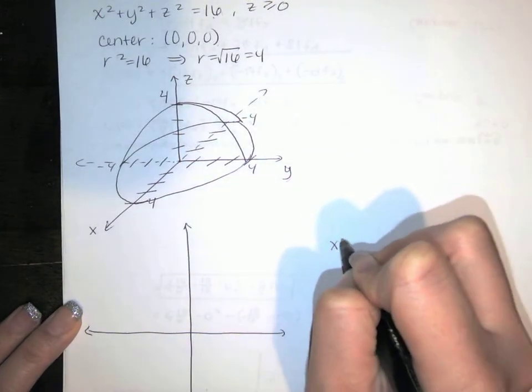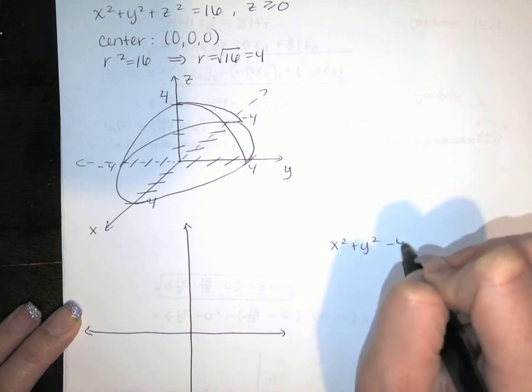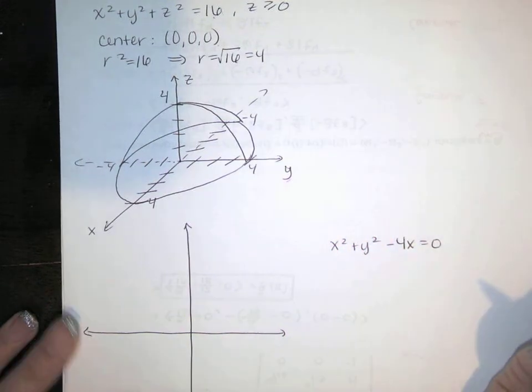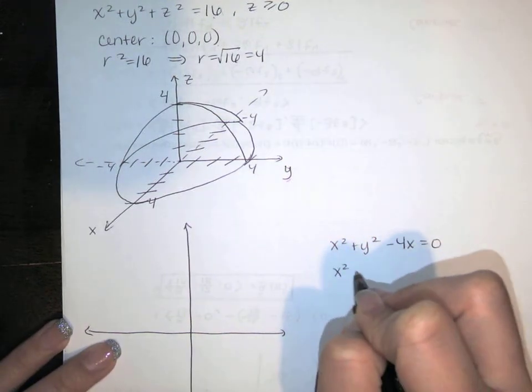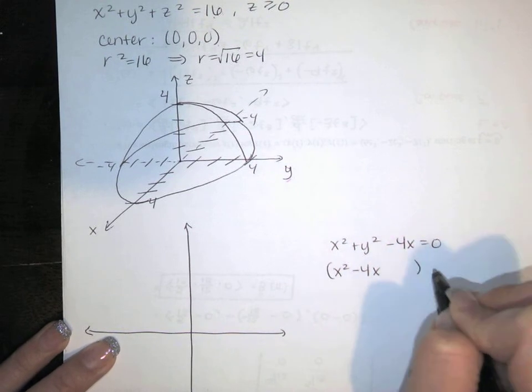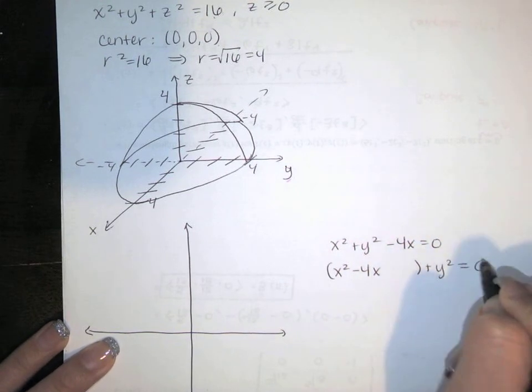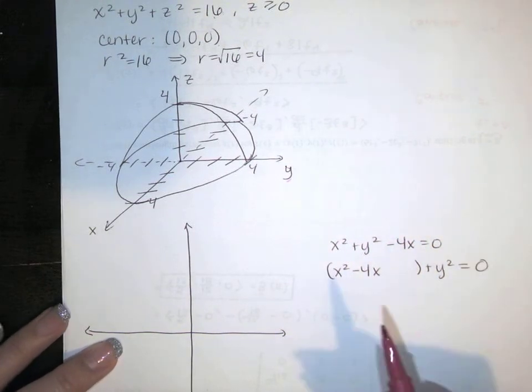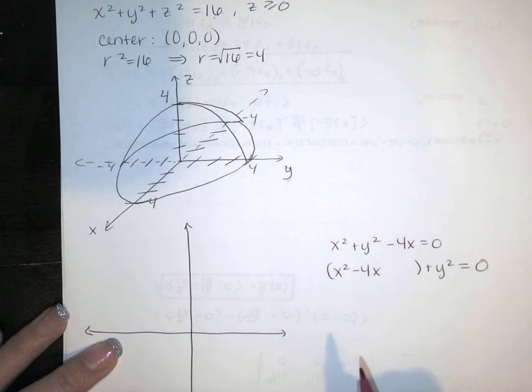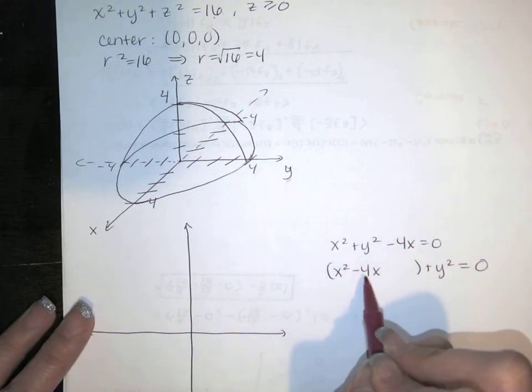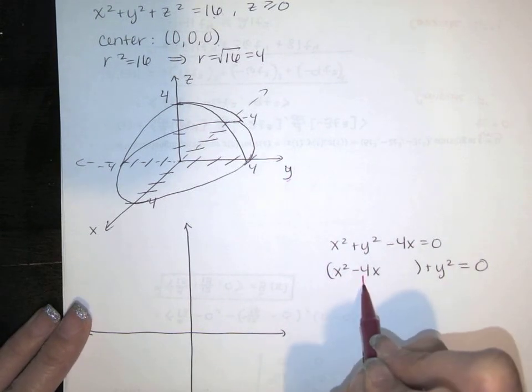So I've got x squared plus y squared minus 4x equals 0. Now to complete the square, I need to write my x's together and my y's together. If there is a coefficient of 1 in front of the x squared, and there is, the number in front of the x is b.